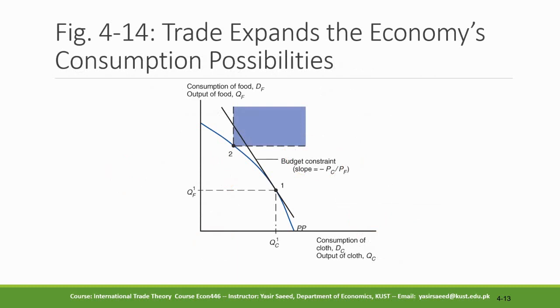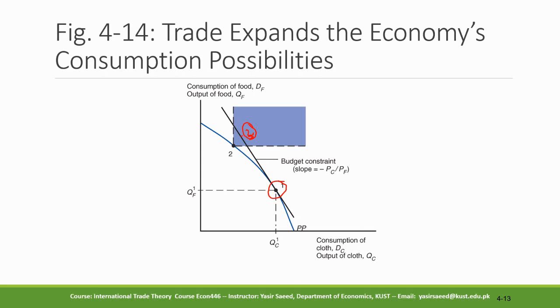Again, moving to our older budget constraint and the production possibility frontier equation. Look at point 1. This is where we are going to produce, but we can consume at point 2. And what is the benefit of consumption at point 2? It is evident from the graph. Sorry, point 2 is already taken, so let's call this point 3.